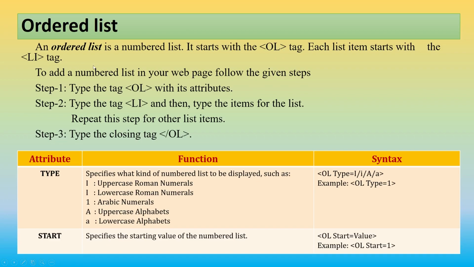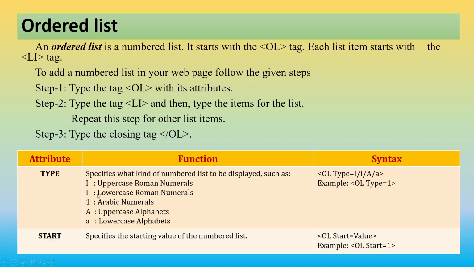To add a numbered list in your web page, follow the given steps. Step 1 says you type the tag OL with its attributes. OL, the ordered list, can have the attributes type and start value.